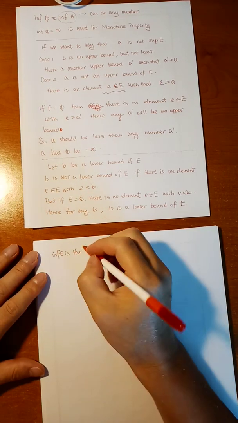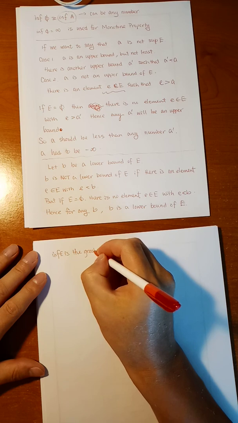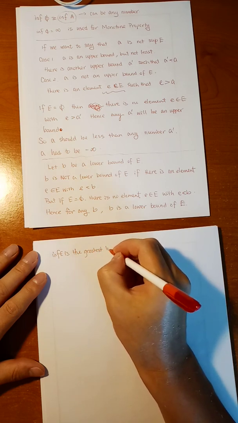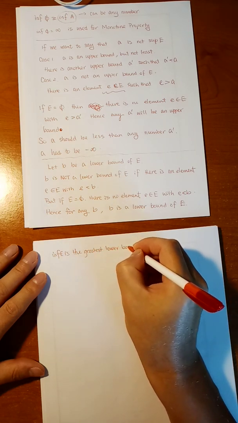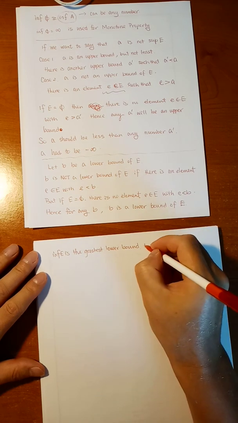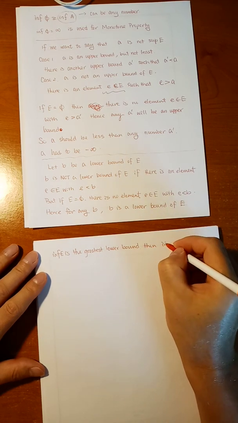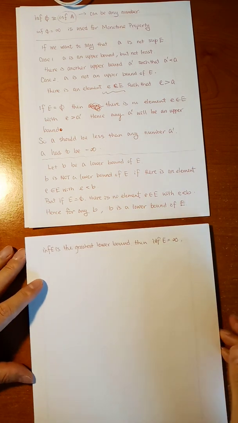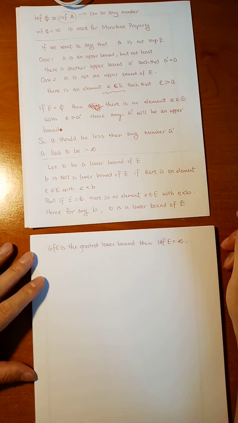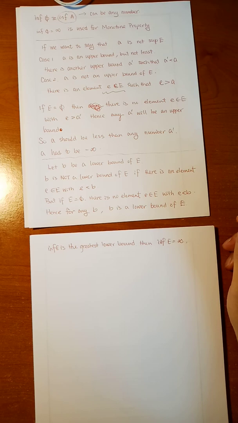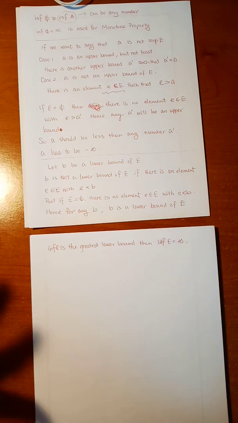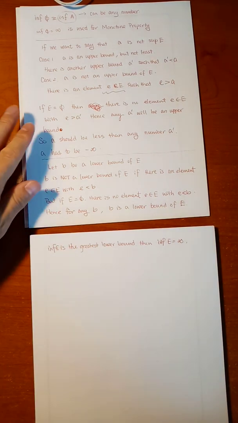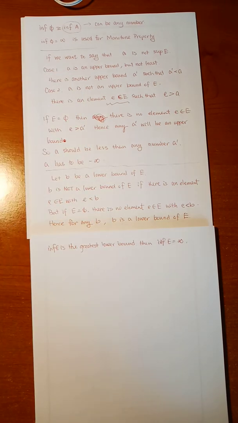Inf E is the greatest lower bound, then inf E has to be positive infinity. So that's another way to clarify why this is a lower bound and upper bound.